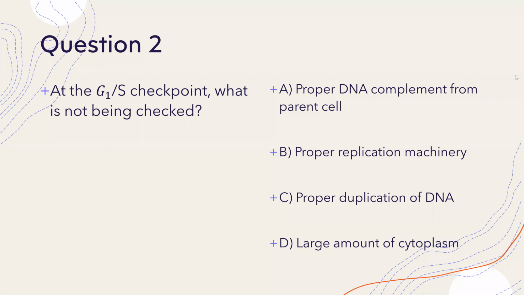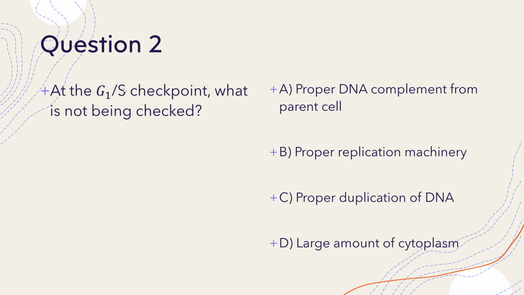All right, so I think that's been about a minute as well, and it looks like everyone that answered the question got the right idea. I tried to make this one a little bit of a trick question, but it looks like you all got it. The answer is C, and that's because this is actually checked at the G2S checkpoint, after the synthesis phase, checking to make sure that the cell was able to duplicate the DNA properly.